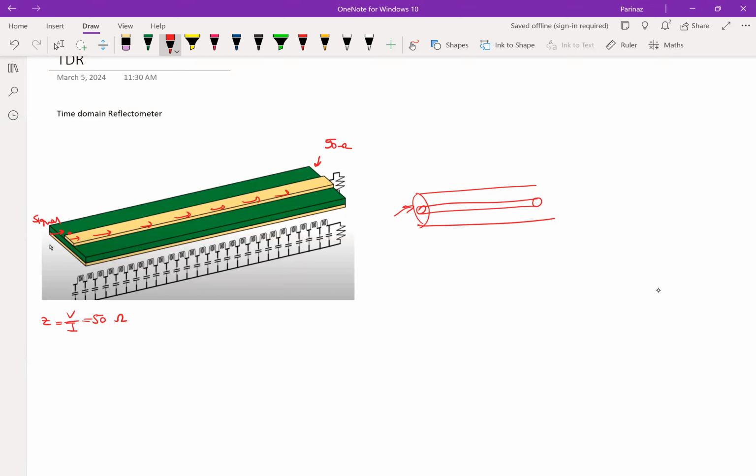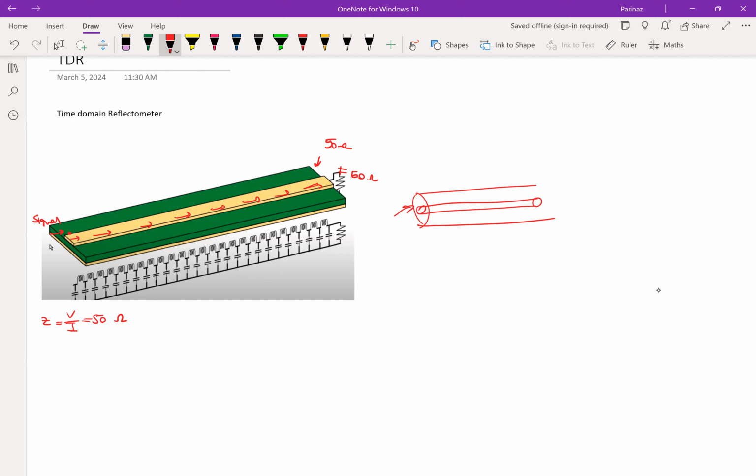Again, let's say the width of this trace is constant over here. Nothing is happening. It gets to this termination. Now, if this termination is anything other than 50 ohm, anything, like it's capacitive, inductive, open, short, doesn't matter, right? Now the signal is like, uh-oh, this is not what I'm used to.